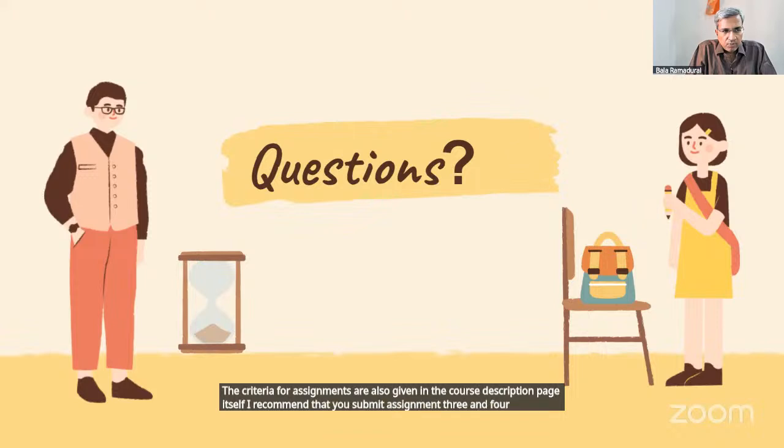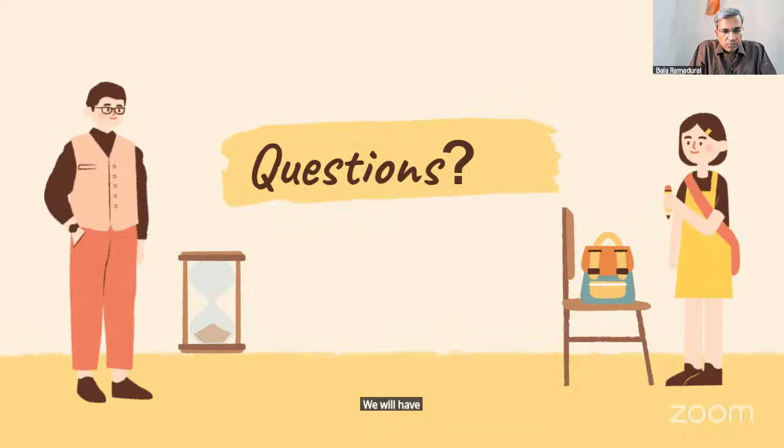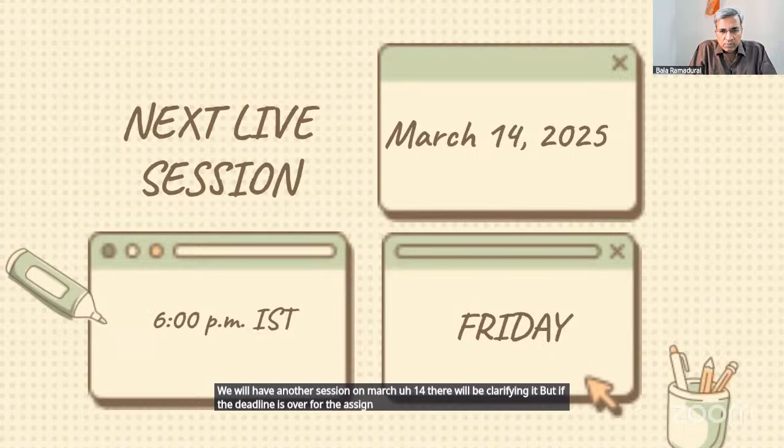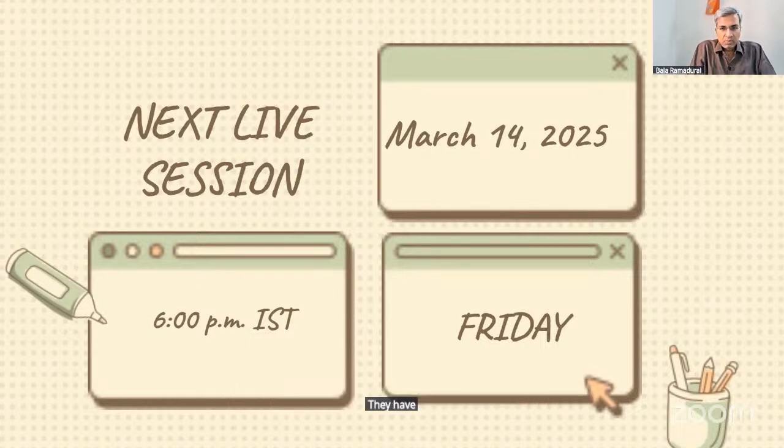If your score is greater than 40 out of 100 in the assignment score, I think you should be able to give the examination. We will have another session on March 14th where we'll be clarifying it. But if the deadline is over for the assignments, we would be unable to help because the entire process is being handled by the NPTEL team, and they have strict deadlines set for all the courses, assignments, and examinations.